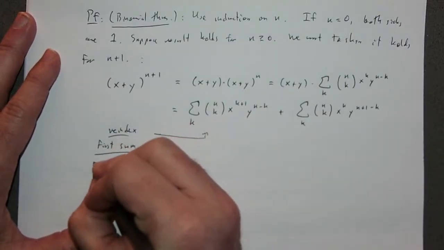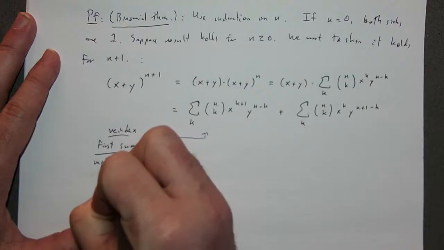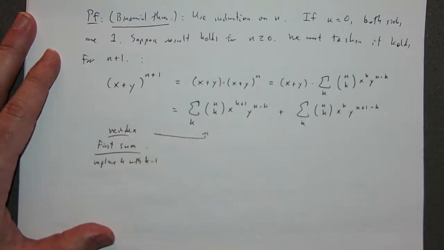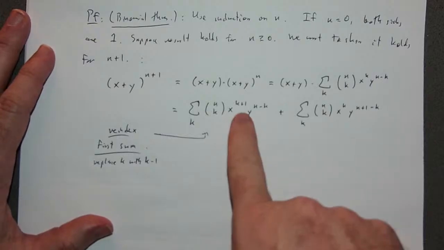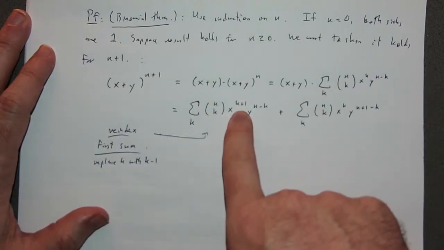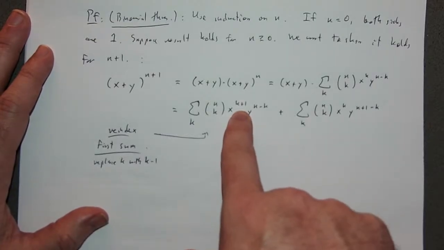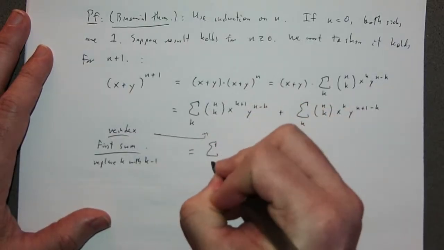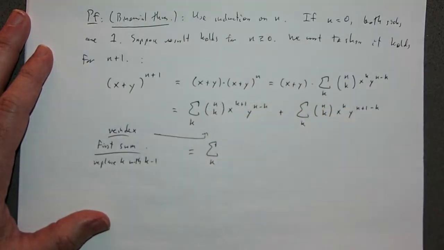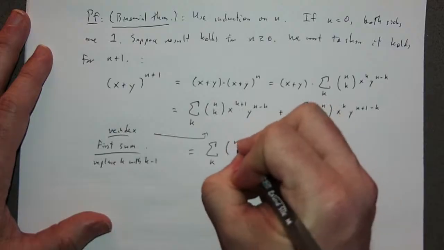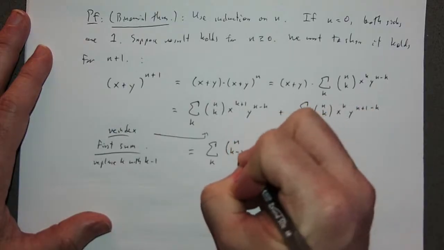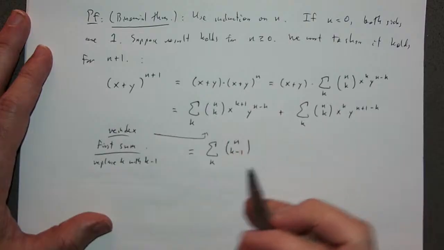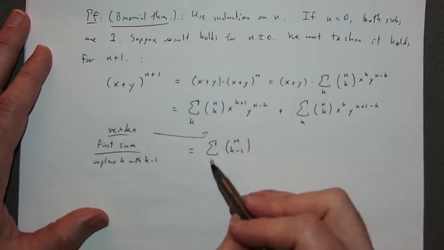So replace k with k minus 1. If I do that, then this of course is going to become the sum over k of n choose k minus 1. Why can I leave this sum over all k?